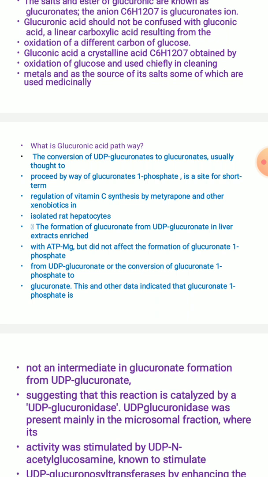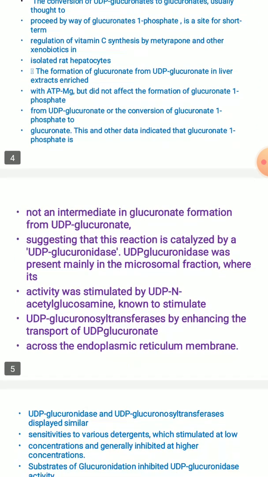Understand? So glucuronate 1-phosphate is formed from UDP glucuronate, or the conversion of glucuronate 1-phosphate to glucuronate. This and other particular information you can observe here. This is not an intermediate of glucuronate formation from UDP glucuronate, which is mainly suggested by this particular pathway.